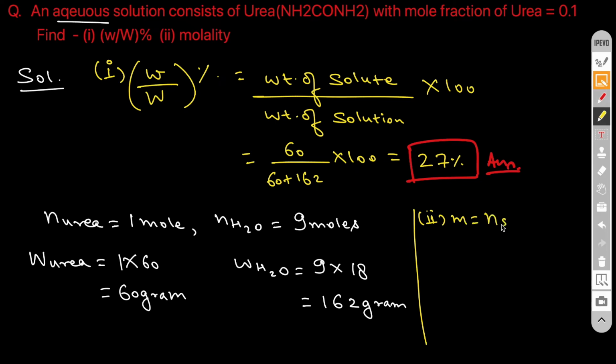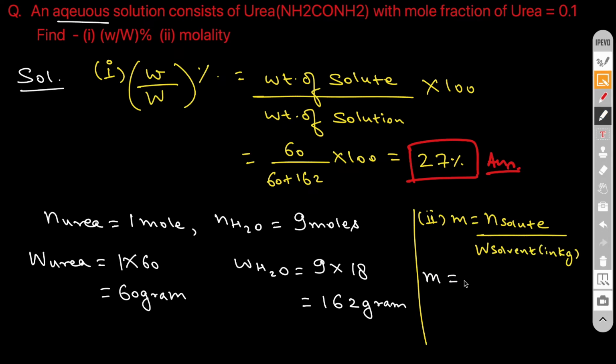We have to find the molality, which is moles of solute divided by weight of solvent in kilograms, right? So moles of solute here is 1, which is mole of urea, divided by weight of solvent in kilogram. So for water, which is 162 multiplied by 10 raised to minus 3, it will come out to be 6.17. So this is the answer.